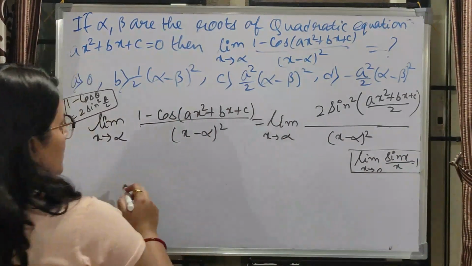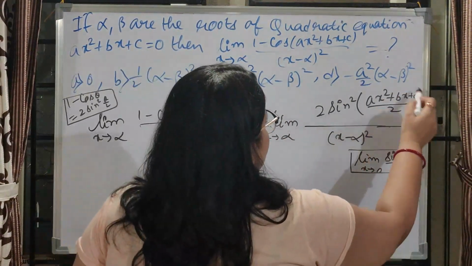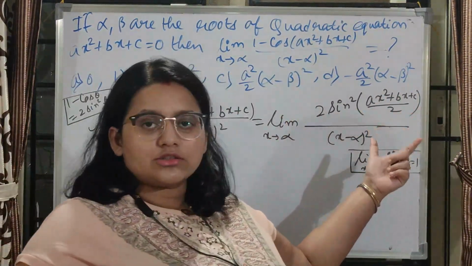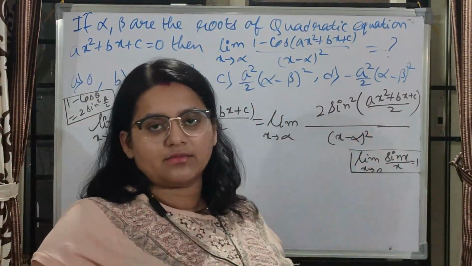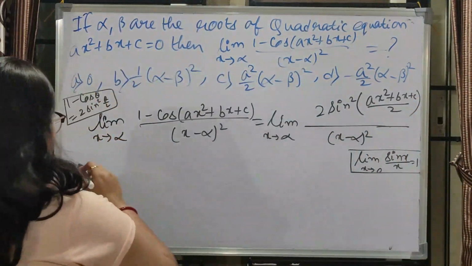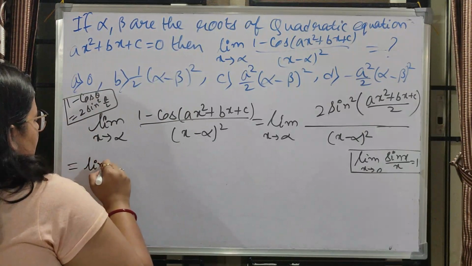So now here the angle is ax square plus bx plus c by 2. So we'll multiply that term and divide by that term also, to adjust this. So it will be limit x tends to alpha.